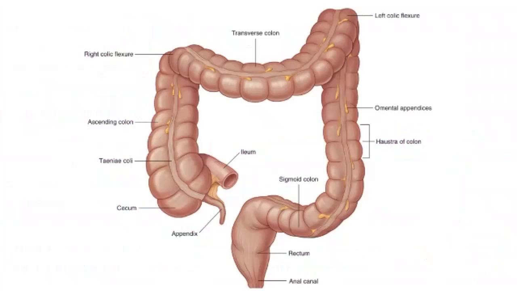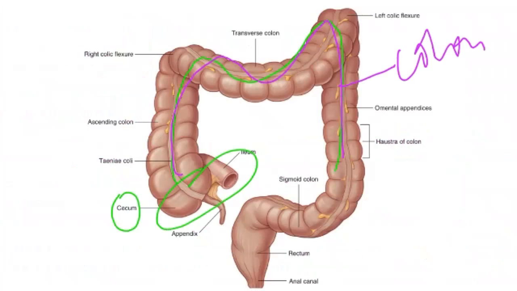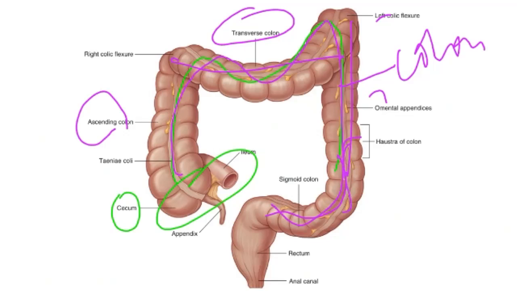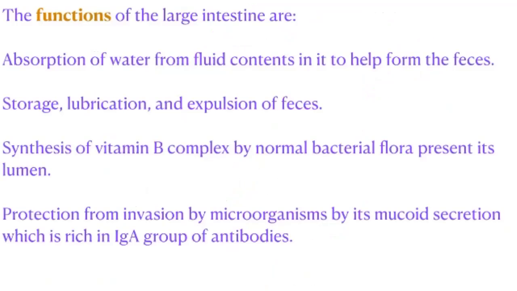So you see the cecum, right? All of this is colon, right? In this, ascending, transverse, descending, and sigmoid, because it is S-shaped. Then rectum and anal canal.